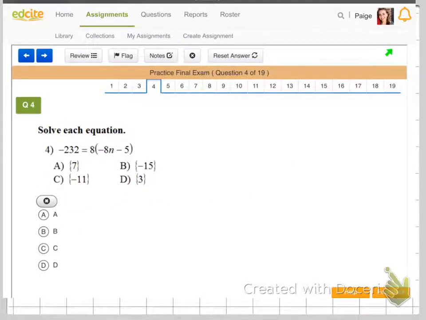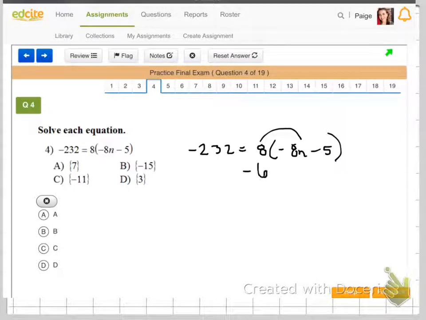Alrighty, on to the next one, number 4. It's focusing on multi-step, so we've got to get rid of those parentheses first by distributing. I've got negative 232 equals 8 times (negative 8n minus 5). Let's distribute. 8 times negative 8 gives me a negative 64n, and 8 times negative 5 gets me a negative 40.